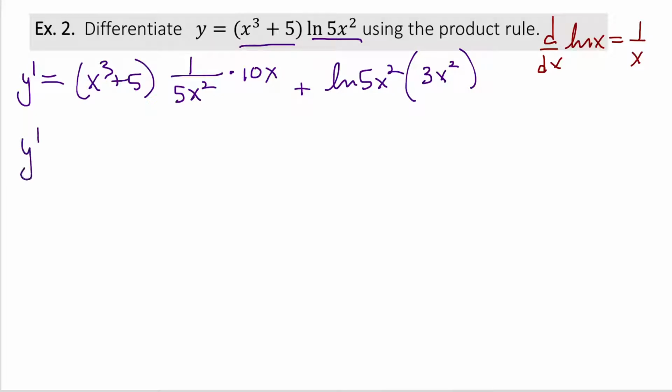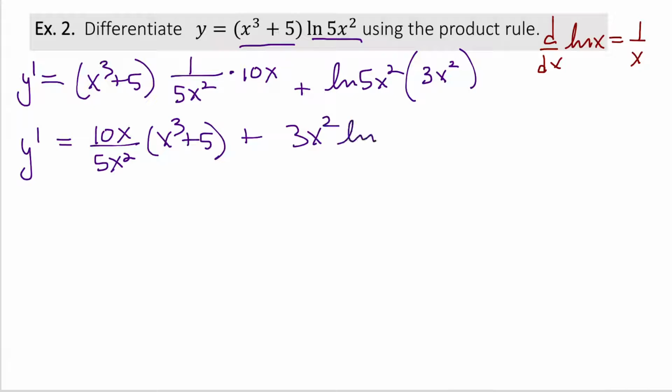So we can simplify this a little bit. So we've got 10x, 5x squared, x cubed plus 5, and we'll put this out front. So we've got 2 over x.